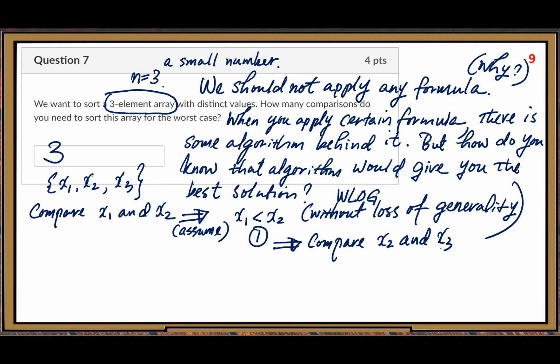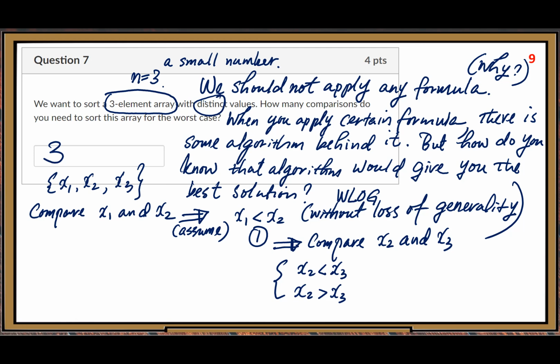This time you cannot do that without loss of generality, because you will lose generality. So you need to consider 2 cases. Case 1, x2 less than x3. Case 2, x2 greater than x3. We assume distinct values, so do not consider the equal case.